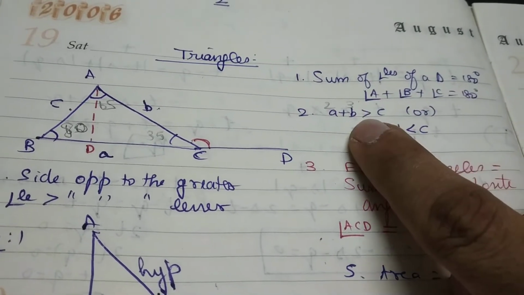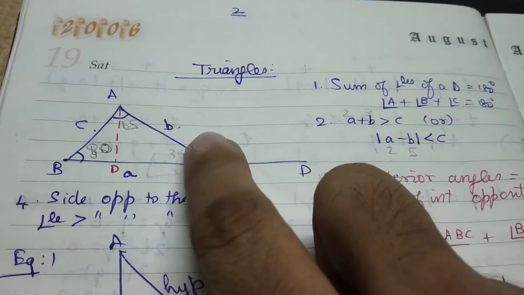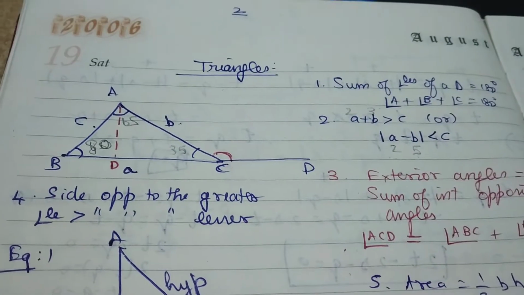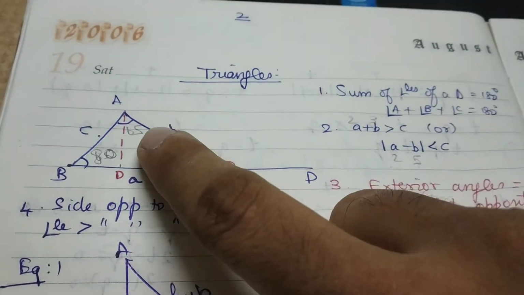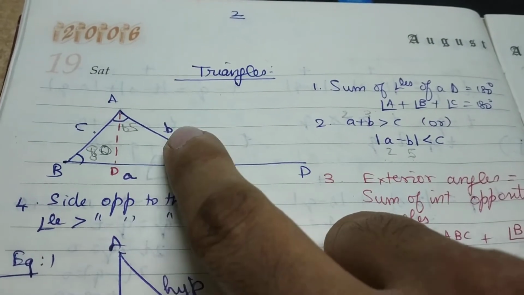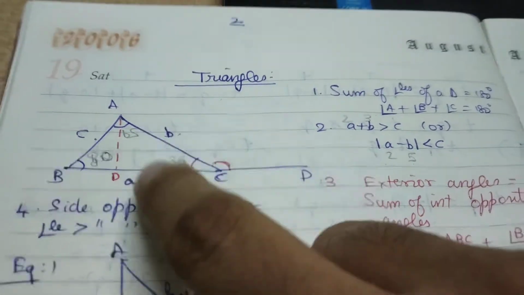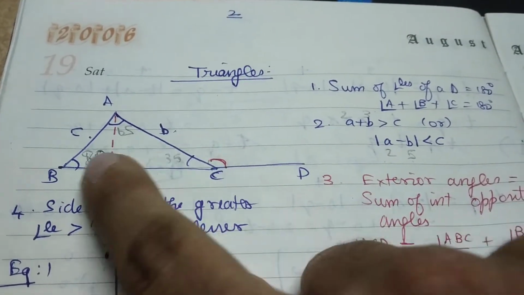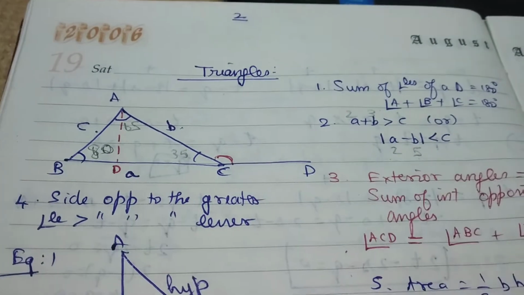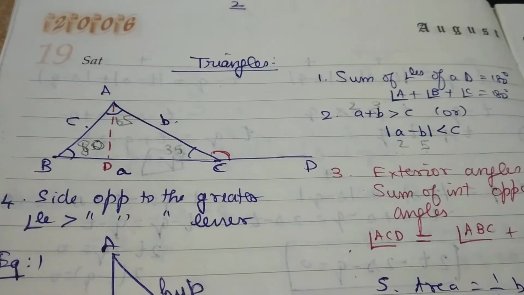The next property is that the sum of any two sides of a triangle will always be greater than the third side. Here the naming convention which I use for the sides is small a, small b, small c. That is, small a is opposite to angle A, small b is opposite to angle B, small c is opposite to angle C. That is how I name the triangles.